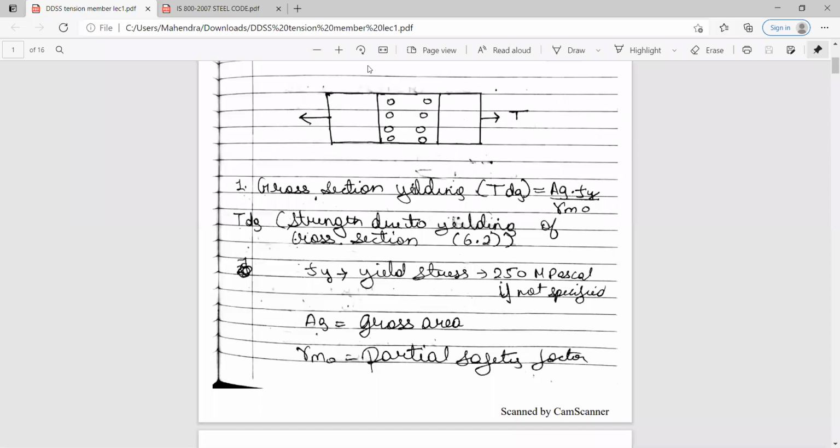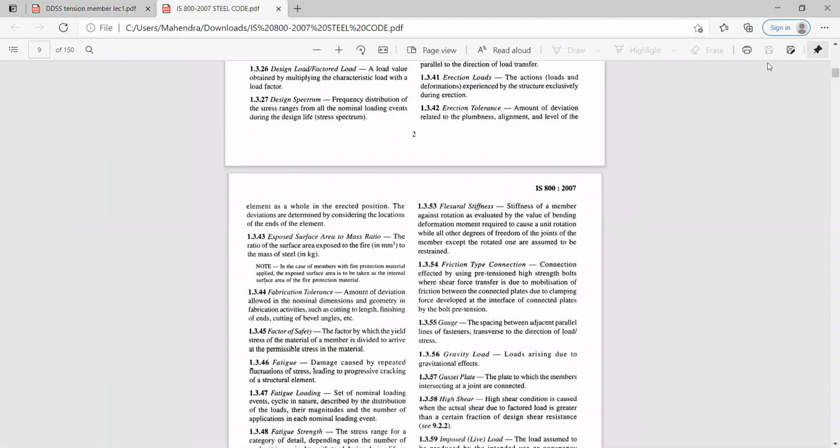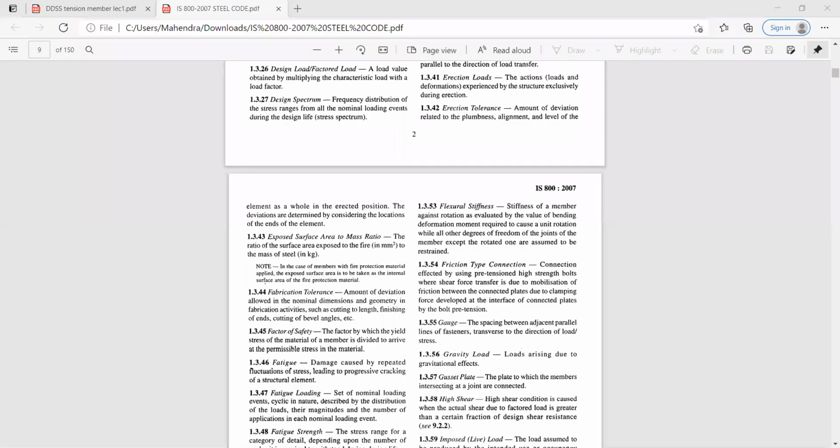So first of all, see your page number, IS code page number 32 of IS 800 Ma'am, your 2000. voice is not audible. Wait. Basically, there are three types of failure when we are going to design for the tension member.